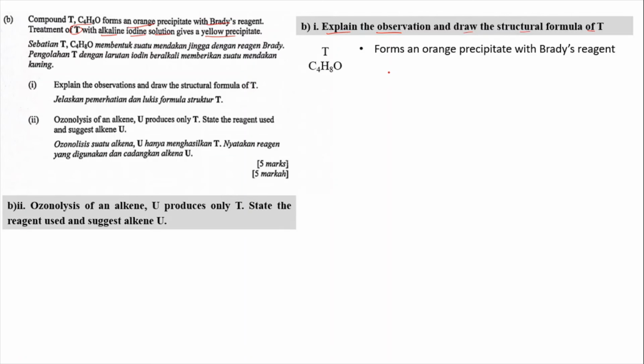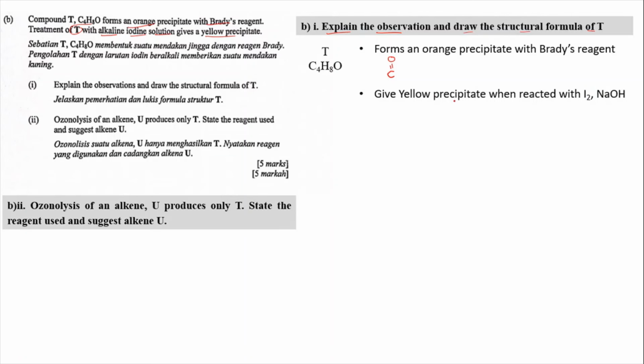So we know that our structure here will have C double bond O. Okay, because if Brady's reagent gives orange, it will detect the presence of C double bond O. So we know that the structure T here will have a carbonyl compound. And then T here will also give a yellow precipitate when reacted with iodine in basic condition.